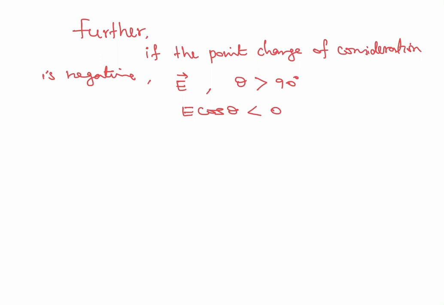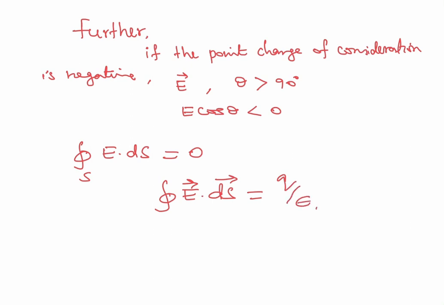Therefore, the surface integral will become negative, that is flux will be negative. If the closed surface doesn't enclose any charge, then in that case the flux of E will be equal to 0. Therefore, the equation E dot ds is true for any sign and value of the charge.